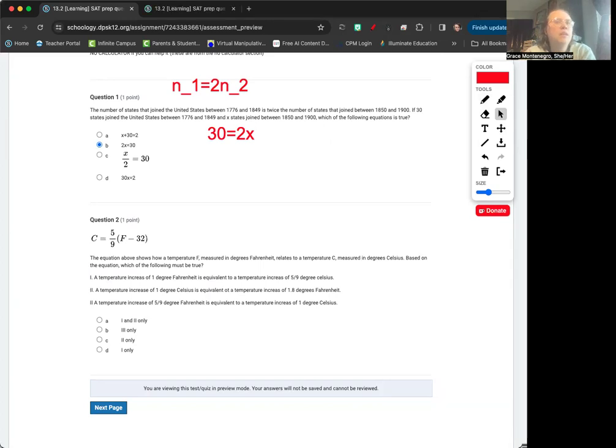I think the problem here is that these two answers are equivalent. If we divide both sides of this equation by 2, no, they're not equivalent. Okay, so yes, B is the correct answer.